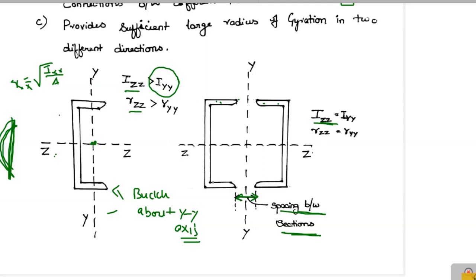When we are designing a built-up section, you also need to find out what should be the spacing between these two channel sections or two I sections or angle sections, any sections which you are joining.